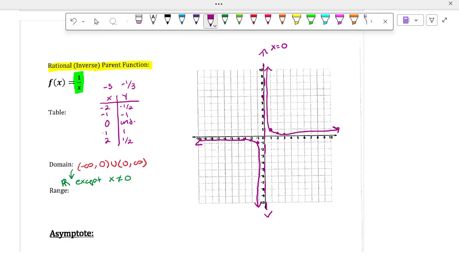So on top of that, our graph doesn't only not cross at x equals 0, it also doesn't cross at y equals 0 either. So I'm going to draw a horizontal line on the x-axis.